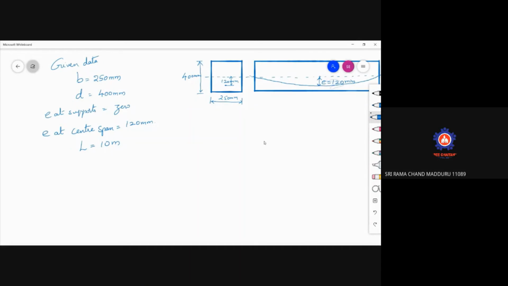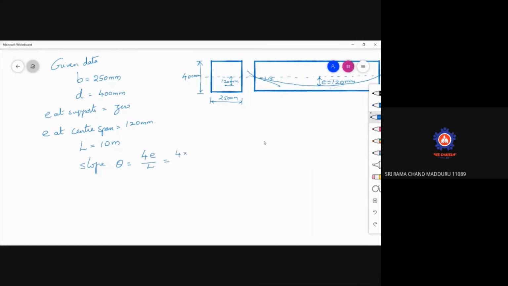If I know the span of the beam, what is the slope that is made here? The tangent at this one, the slope we can calculate. It will be written as 4E by L. You can remember that, 4E by L. So slope theta at this one is 4E by L, where E is 120 and L is 10 meters.